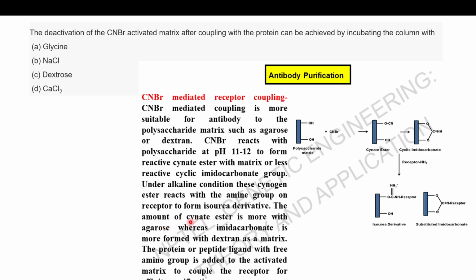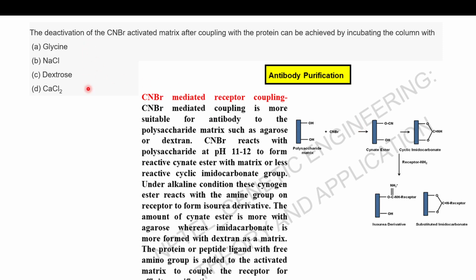And this amount of cyanate ester is more with the agarose. The protein or peptide ligand with free amino group is added to the activated matrix. So in any kind of moiety, having a free amino group will be added so that this isourea derivative will be separate and the substituted imidocarbonate will be separate. So basically, this is getting deactivated by adding a protein or any kind of biomolecule having a free NH2 group.